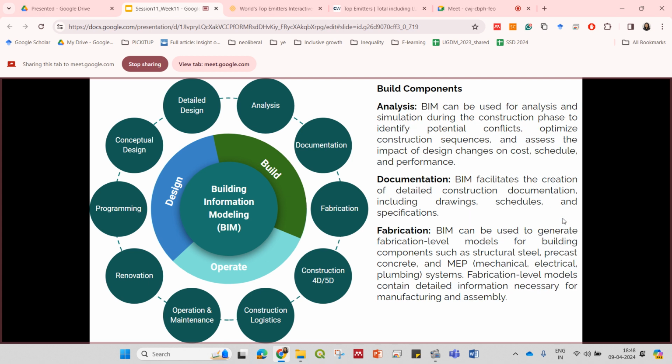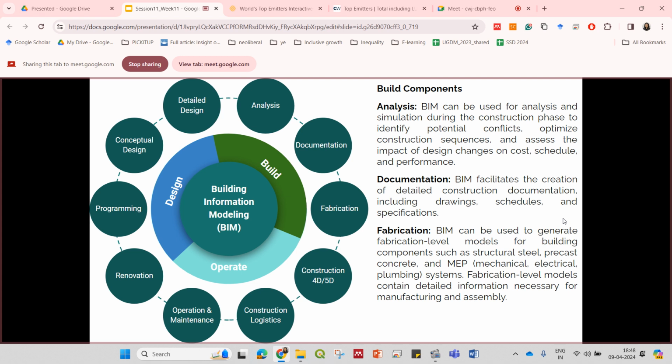Building components, or building, is the next stage of this process. And you have analysis, documentation, and fabrication, which are three parts of this process. Analysis is the first part, in which BIM can be used for analysis and simulation during the construction phase to schedule and identify the construction sequences, and also to identify what potential conflicts might come.